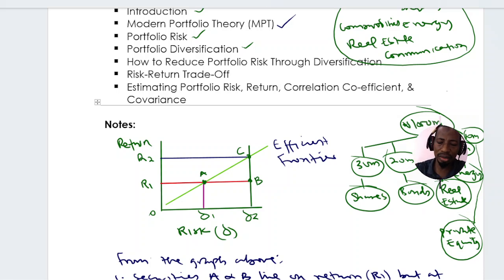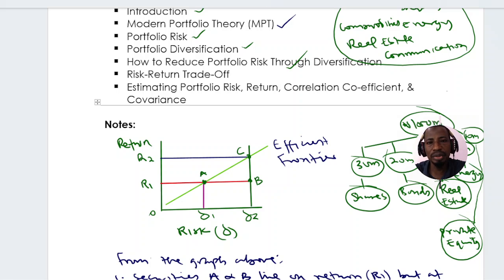Then let's talk about risk return trade-off. What do you understand by risk return trade-off? The risk return trade-off is the positive relationship that exists between expected return and the systematic risk. In an efficient market, it is not possible for a rational investor to achieve a high return without expecting a high level of risk.